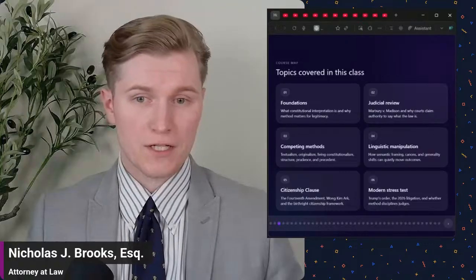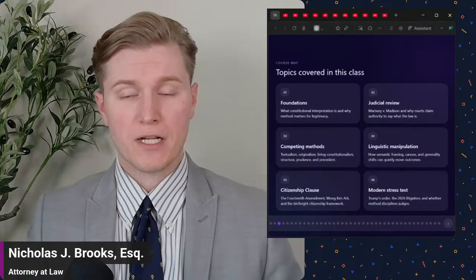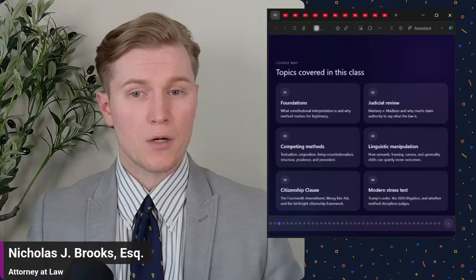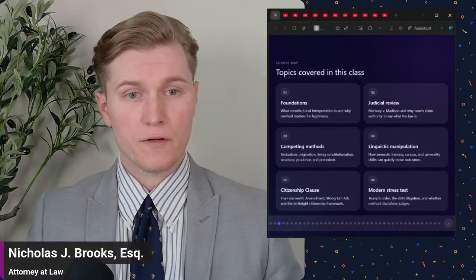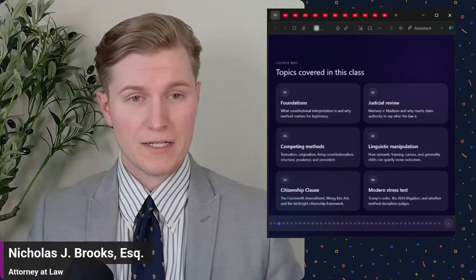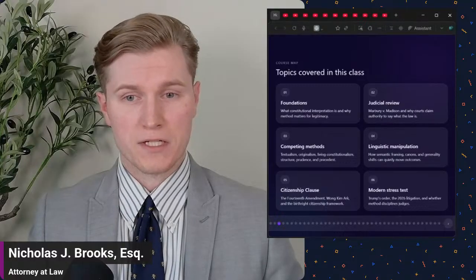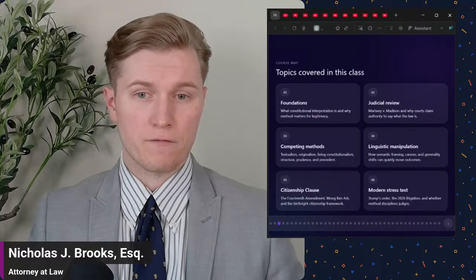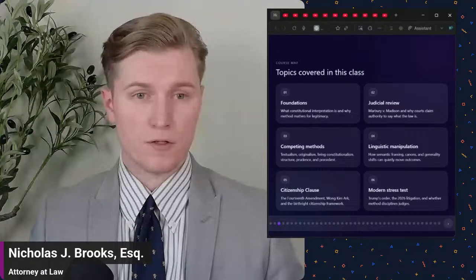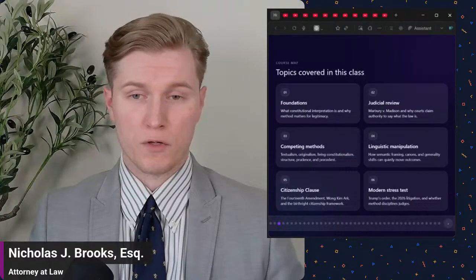We're going to go over textualism, originalism, living constitutionalism, structure, prudence, and precedent. And you're going to see that certain conservative justices have their leanings and certain perceived liberal justices also have their leanings. So I hope this episode is very informative and shows you what different justices believe about textualism, originalism, and living constitutionalism.